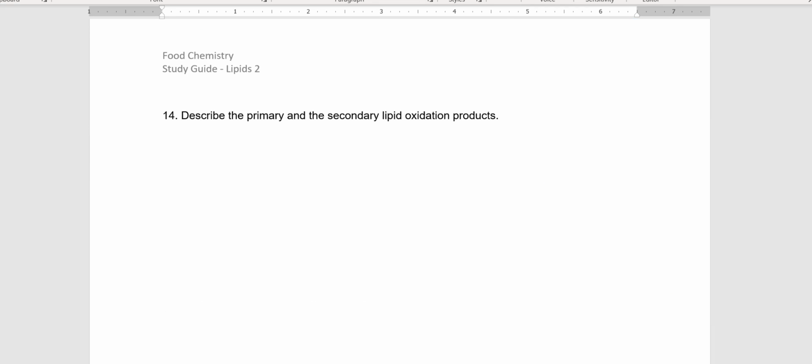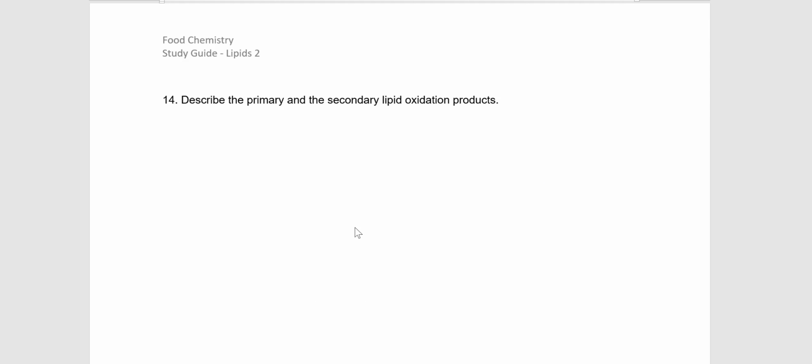Describe the primary and secondary lipid oxidation products. So what are the primary lipid oxidation products? Lipid hydroperoxides. So they are initiated by the formation of fatty acid radicals.